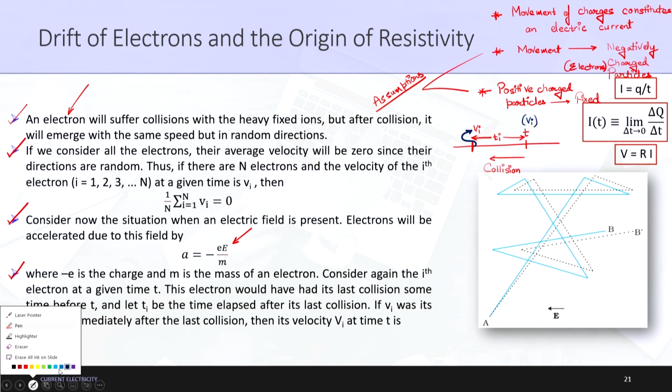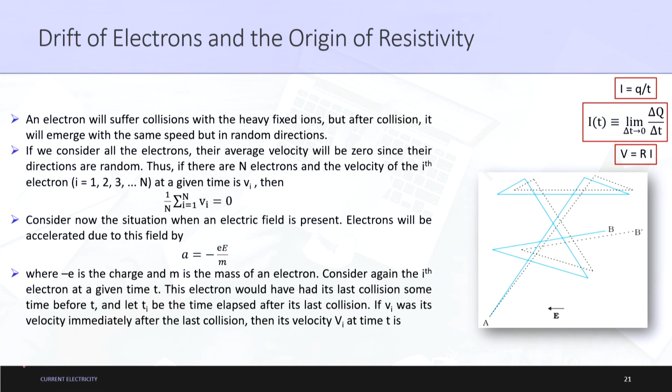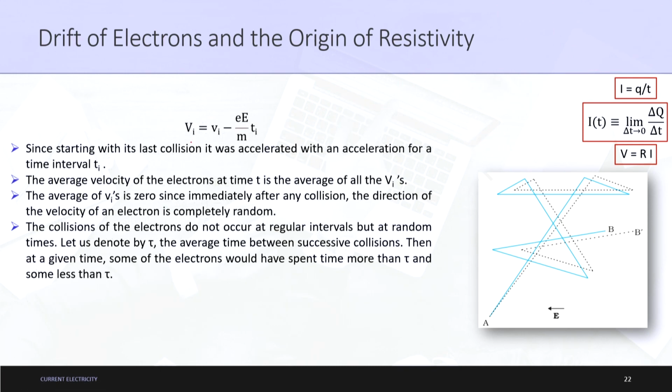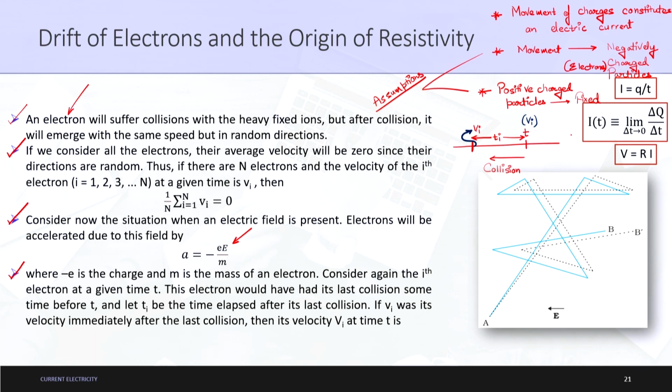So this is the velocity we need to find out now. So what is this velocity? Let me try to explain again. So capital Vi is nothing but small vi minus, because there is an acceleration happening in the opposite direction which will try to decelerate it, the value small e capital E by small m into ti. Because there is a deceleration happening, the value of velocity capital Vi will be small vi with a minus sign.